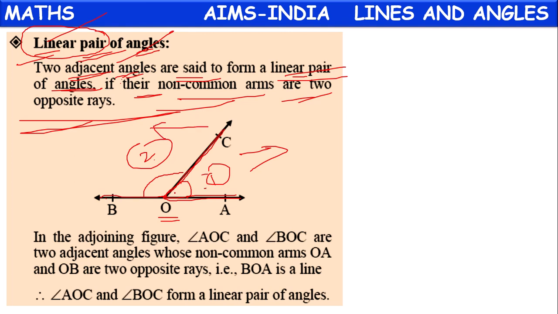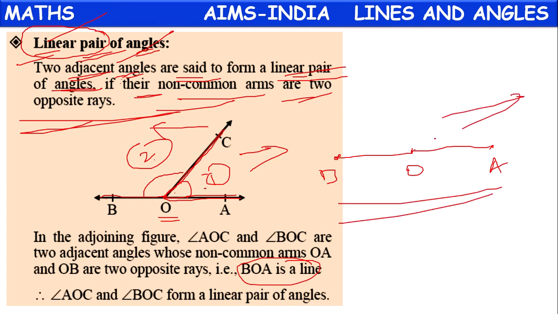So these two angles are adjacent angles. These non-common arms OA and OB are part of the same line, BOA, but in opposite directions.